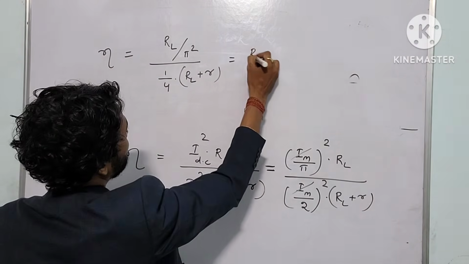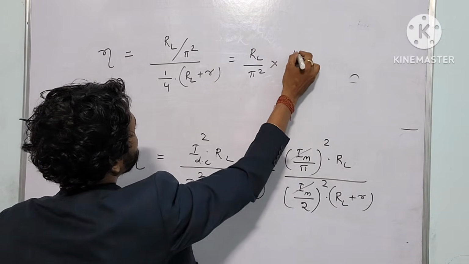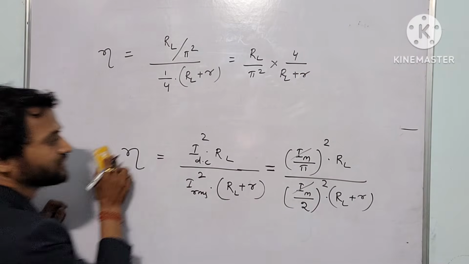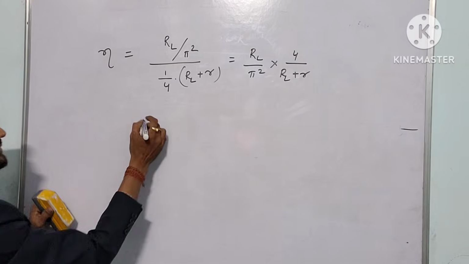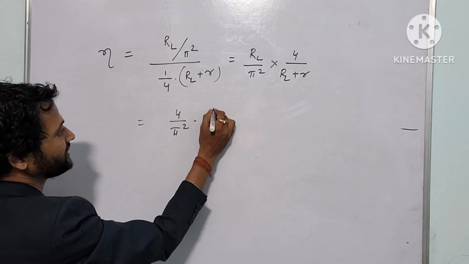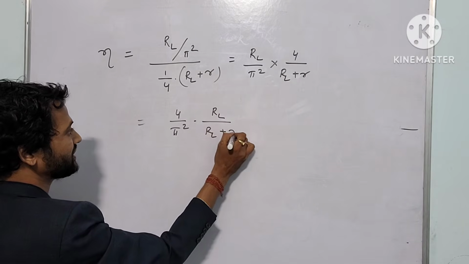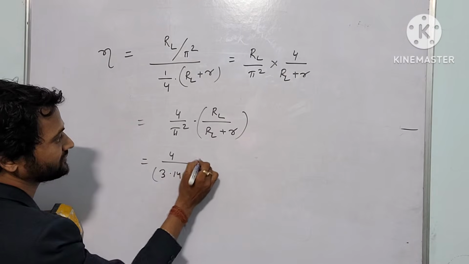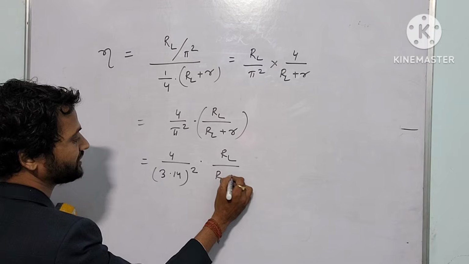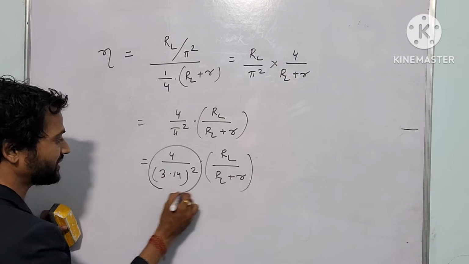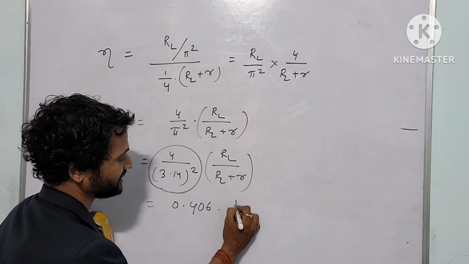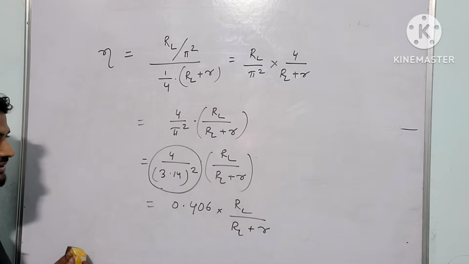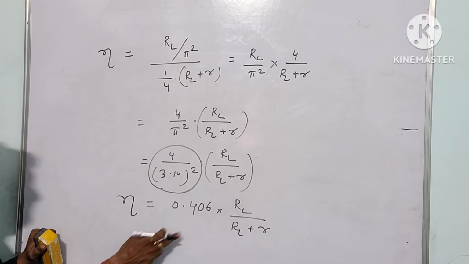So it will be RL by pi square into 4 by RL plus small r, and I can write this as 4 by pi square into RL by RL plus r. So 4 by pi square is 3.14 whole square, into RL by RL plus small r. If you solve this part, it comes to 0.406 into RL by RL plus r. So this is the standard formula of efficiency.